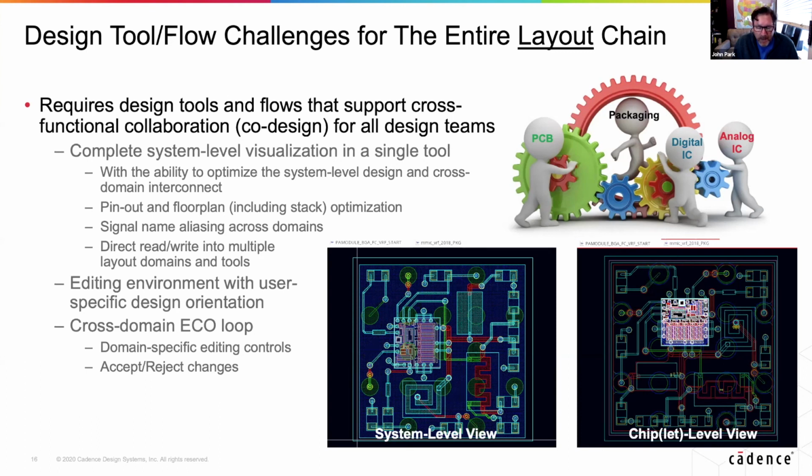So this is the type of co-design platform that I think is going to be a key component to moving forward to create these heterogeneously integrated designs. Again, it's really a tight collaboration platform between the packaging and the chip design team. So of course, a very tight ECO loop with that as well.